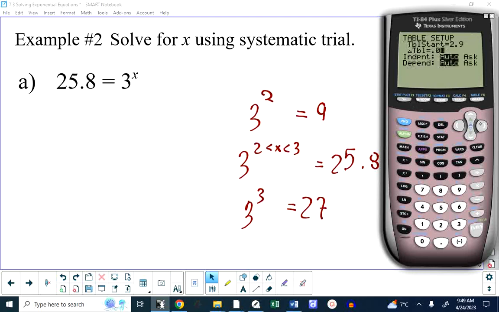So this time let's go up by 1,000th. Except I want to start at 2.95, which I don't think I changed. I mean, that's as close as we can kind of get. The answer is about 2.959. Are we okay with that?